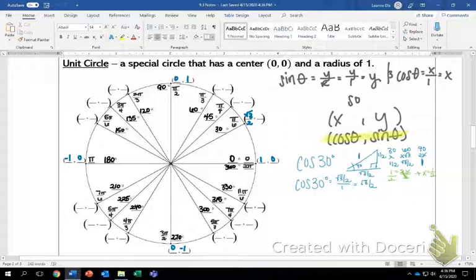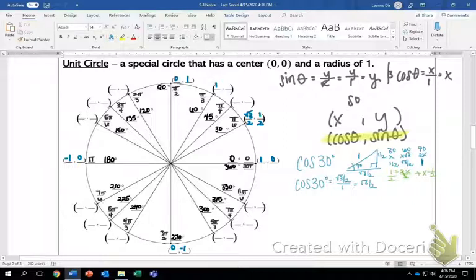All right, and if I were to do the same process again with my sine, or my y value, then I would get 1/2. And since 30 and 60 are so similar because they're the same triangle, the only thing that's going to happen once I go from my 30-degree angle to my 60-degree angle is these two values are going to switch.